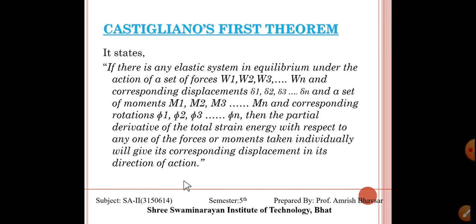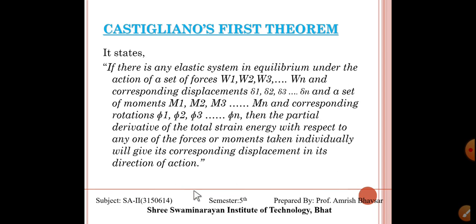Means, if we want to find out delta 1, we have to take the equation del U upon del W1. If we want to find out rotation phi 1, then the equation is del U upon del M1.